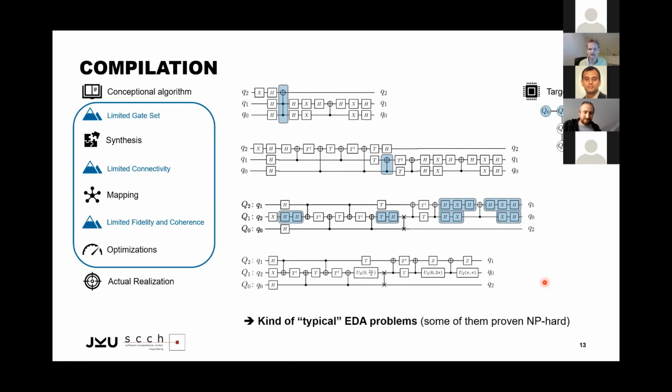For example, this swap insertion in order to satisfy the connectivity constraints is actually just a structural combinatorial problem. In fact, it's been proven NP-hard, and it's a typical optimization problem: how to map the qubits to particular locations, and how to map them so that you need the least amount of swap gates, for example, or get the best fidelity.